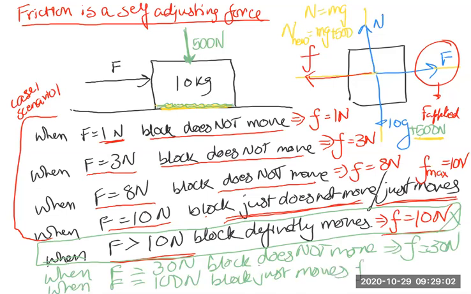This means that now the maximum value of friction is 100. Not only the magnitude of friction is dynamic, but it turns out that its maximum value is also dynamic.